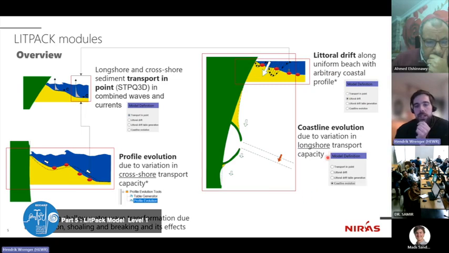And then we have the coastal evolution. So that's the bottom button here in the LitPack FM, where, due to a variation in longshore transport, so if we have a couple of those profiles and there is a difference in total longshore transport, we can then look at the coastline evolution, how it changes. And actually, there's a little bit of an inconsistency in terminology here, I think, because also in the shoreline management handbook, also by DHI, they distinguished between coastline and shoreline.